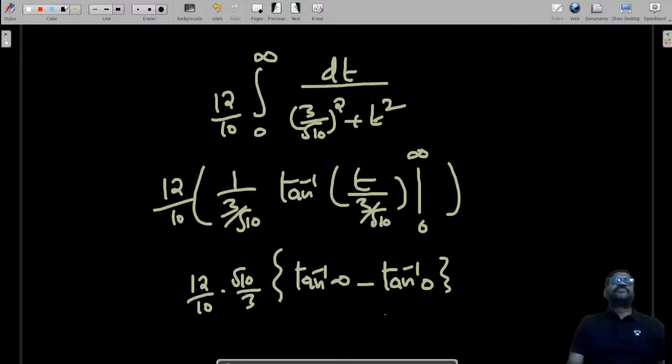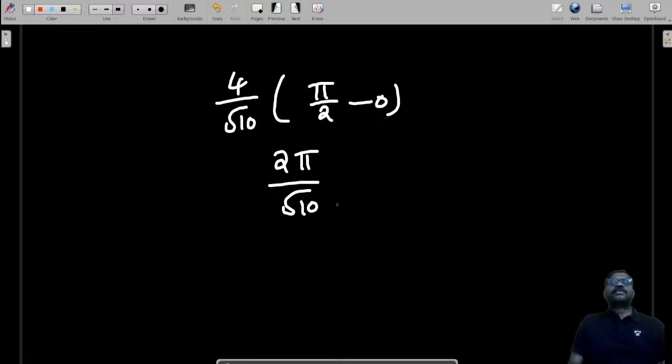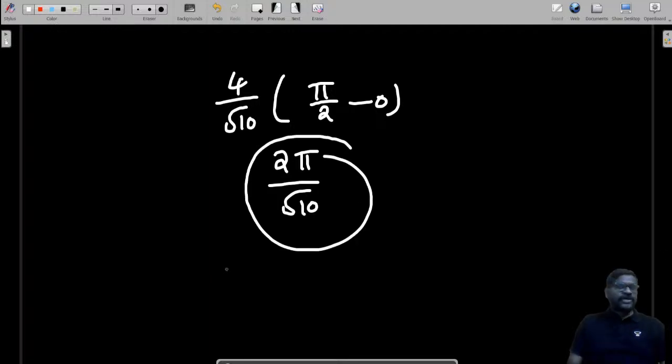That is 4 by root 10 into pi by 2 minus 0. Finally 2 pi by root 10 is the answer. Understood?